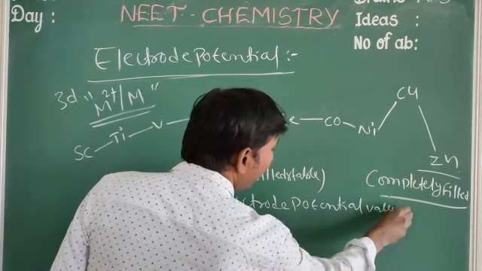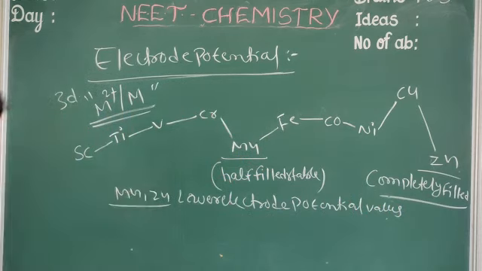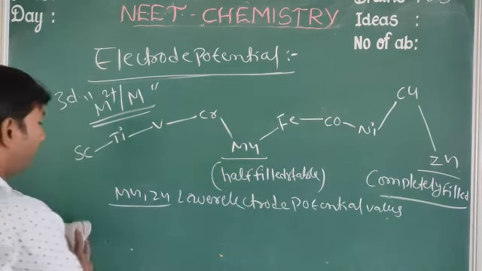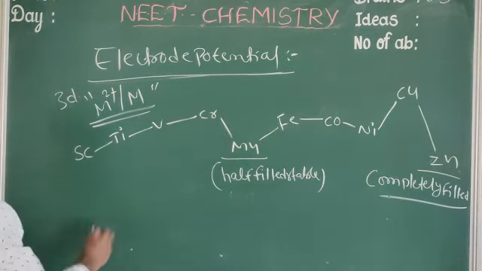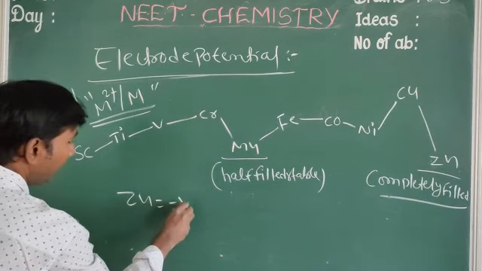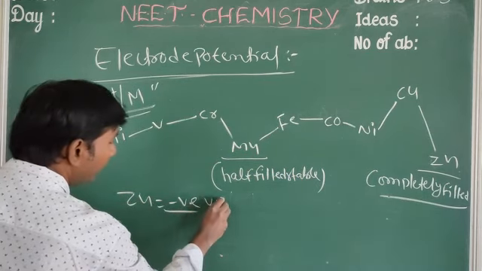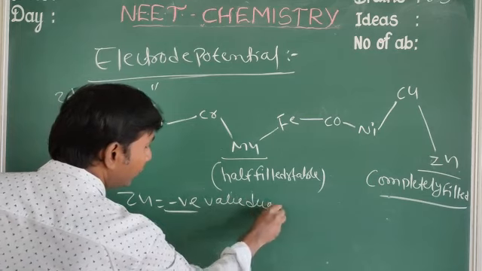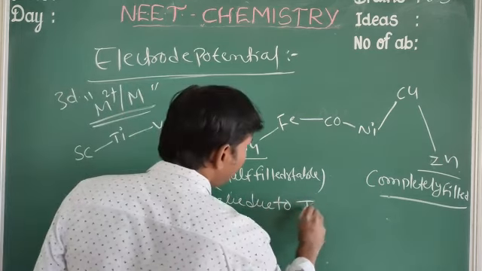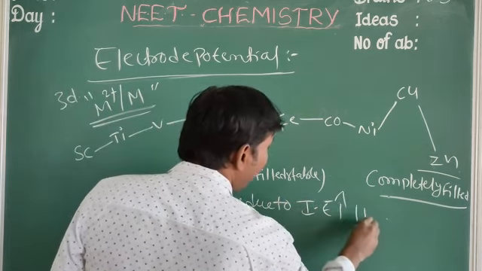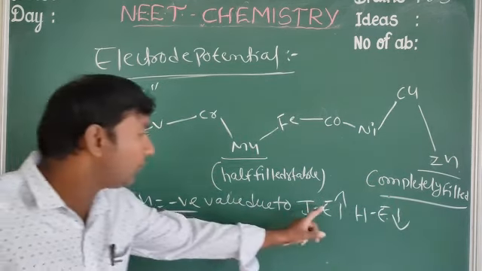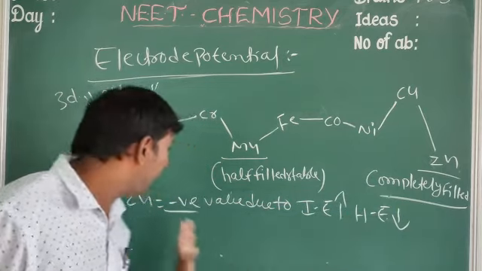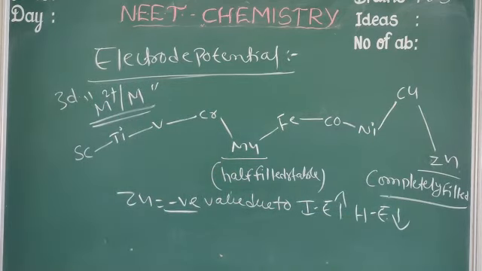Zinc has a more negative value. Why? Because its ionization energy value is more and hydration enthalpy is less, so zinc is more negative.